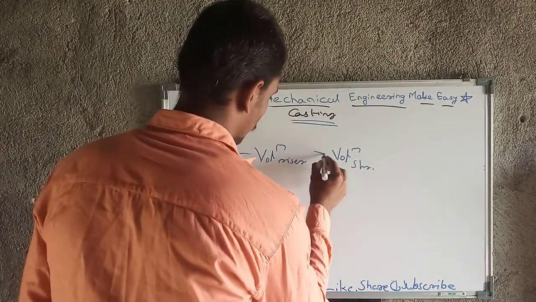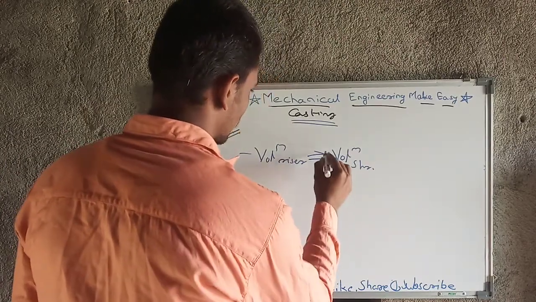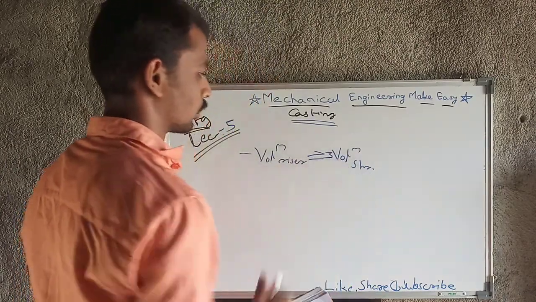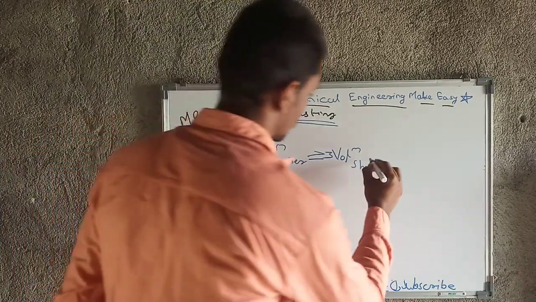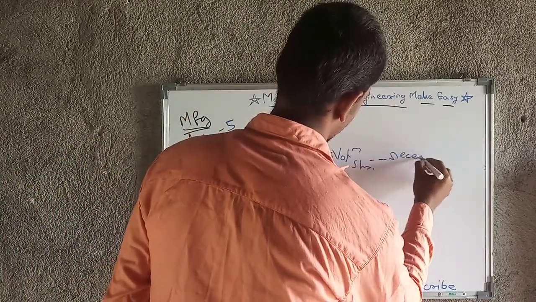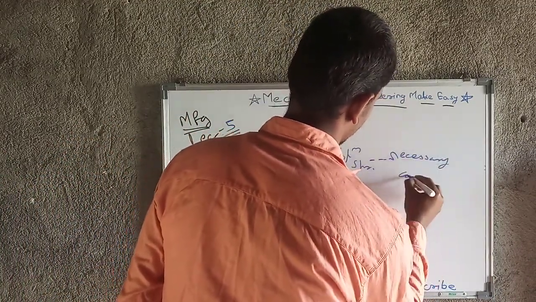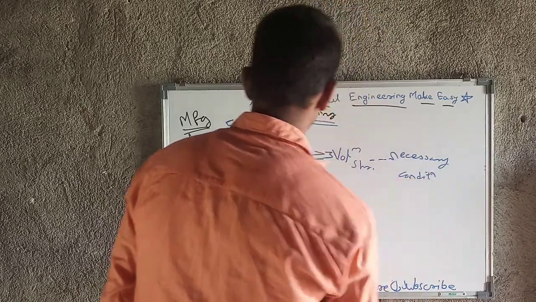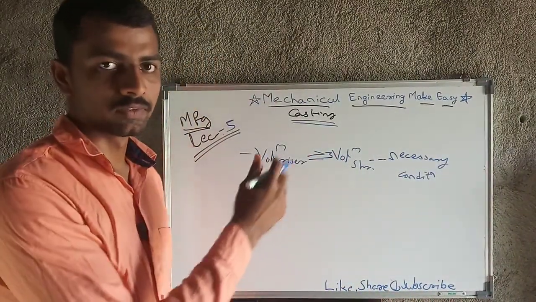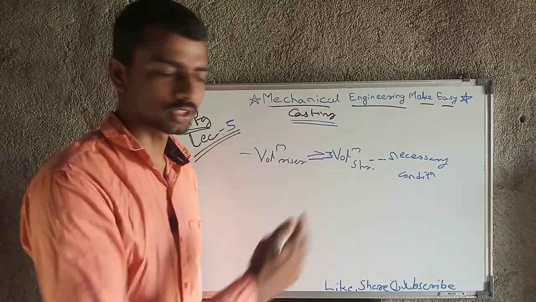That is nothing but: the volume of riser should be greater than or equal to 3 times the shrinkage volume. This is a necessary condition.